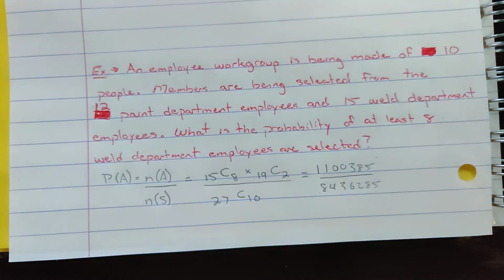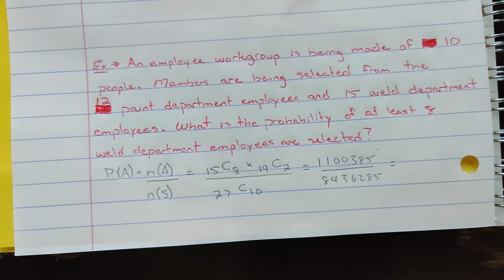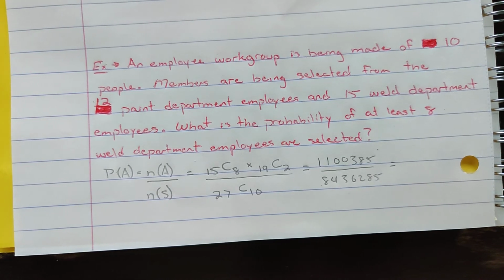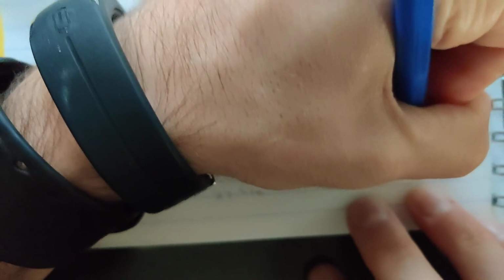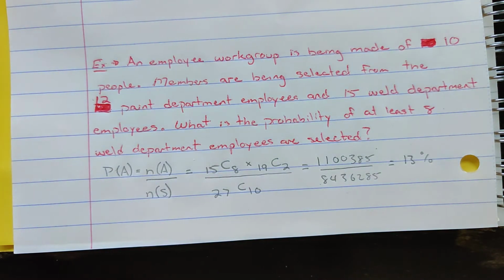So a total of 8,436,285. And if we divide those, we get 13% approximately. So there's a 13% chance that there'll be at least 8 weld department employees.